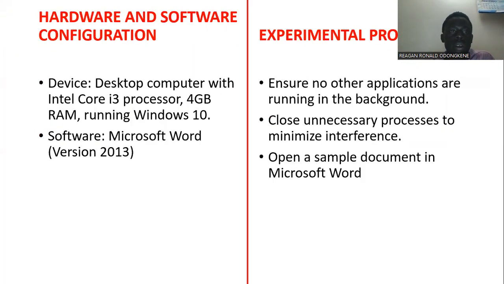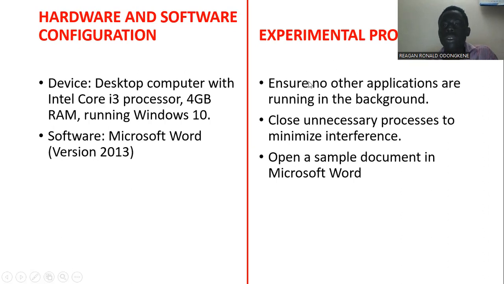For the hardware and software configurations, the computer I've chosen is a desktop computer with an Intel Core i3 processor, 4 GB RAM, running Windows 10 operating system. The software I've chosen for this saving process is Microsoft Office Word 2013.